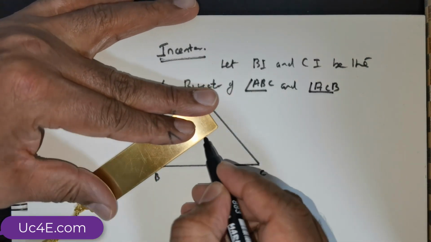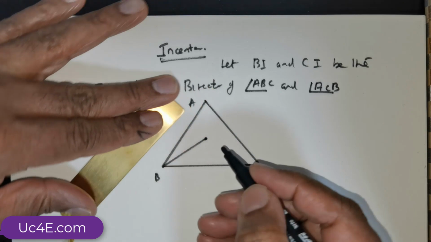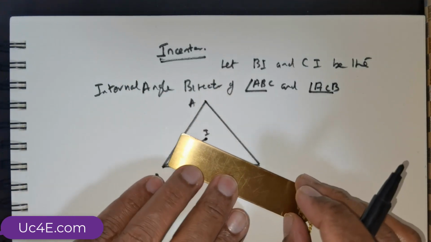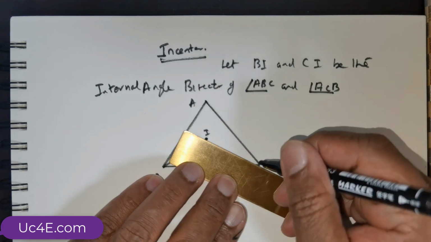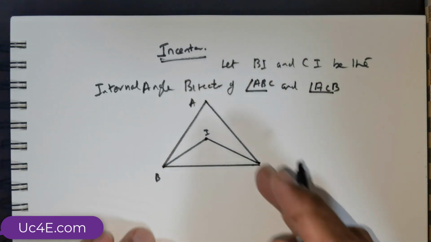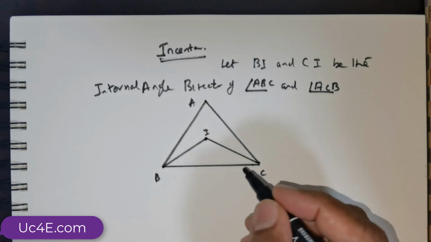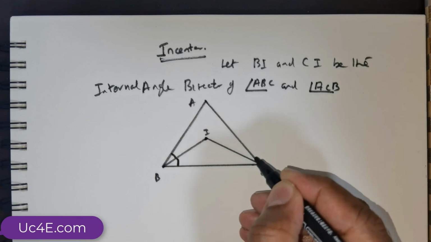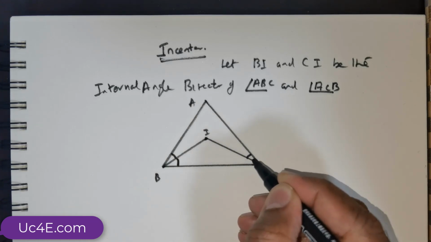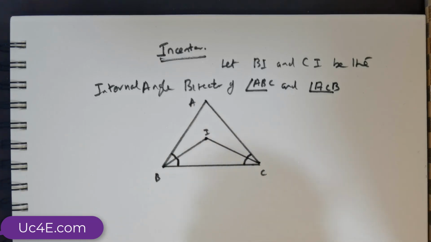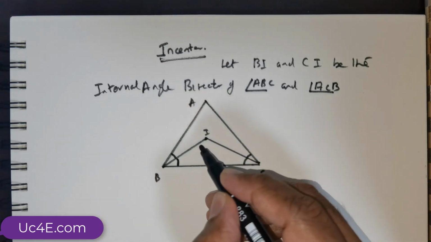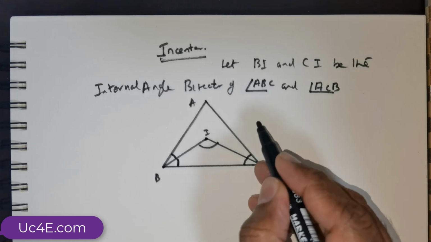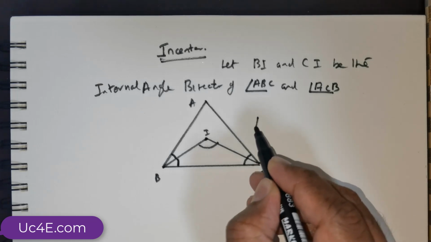So I is hitting here, this is I, and then there is a hit at this vertex also. So CI and BI are angle bisectors. So definitely these angles are going to be divided into equal parts, and this is also going to be divided into equal parts.